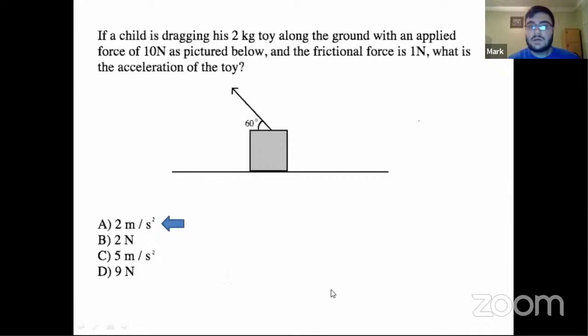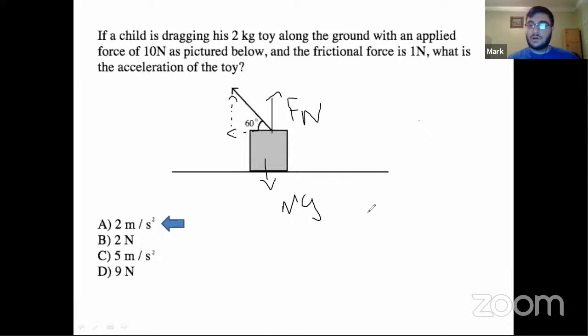Like in this case, I actually incorrectly said at the beginning, normal force is equal to mg. It's not, because if you notice, mg is going down. This one has an upward y component of the applied force, right?